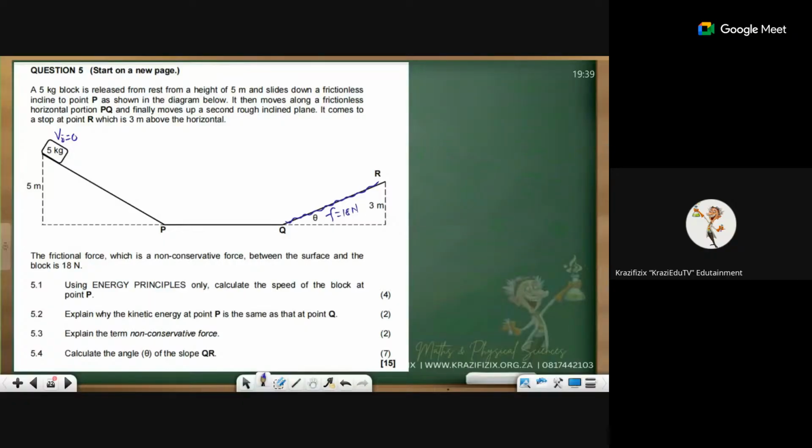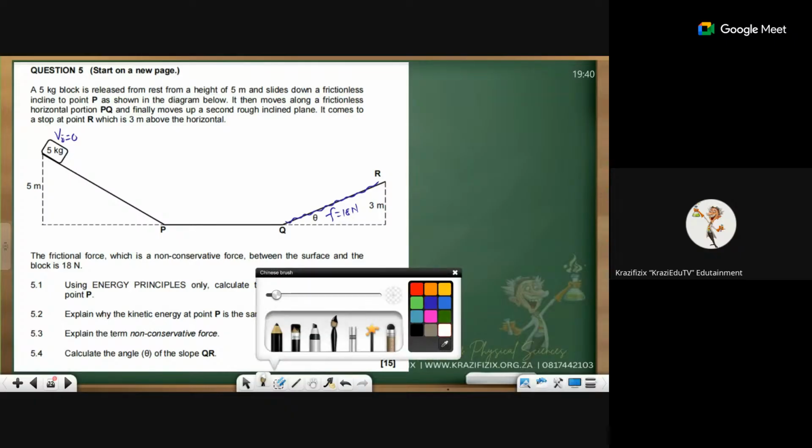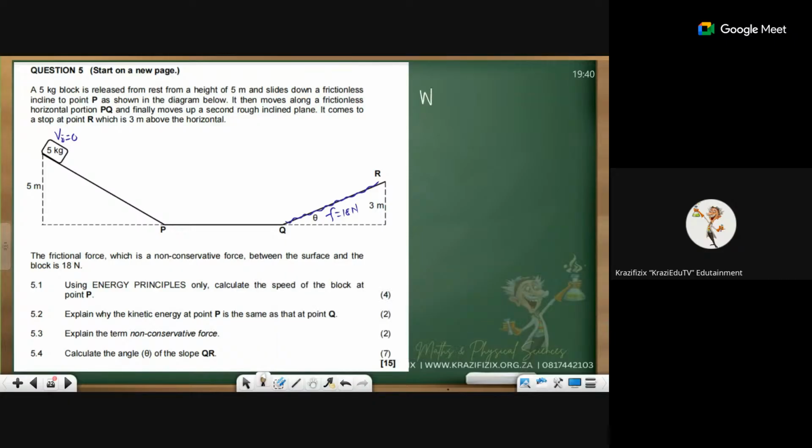Use energy principles. Calculate the speed at P. I taught you what to do here. At P, it's an isolated system, right? Please just use the work done by non-conservative forces. Because it's isolated, this is automatically 0.